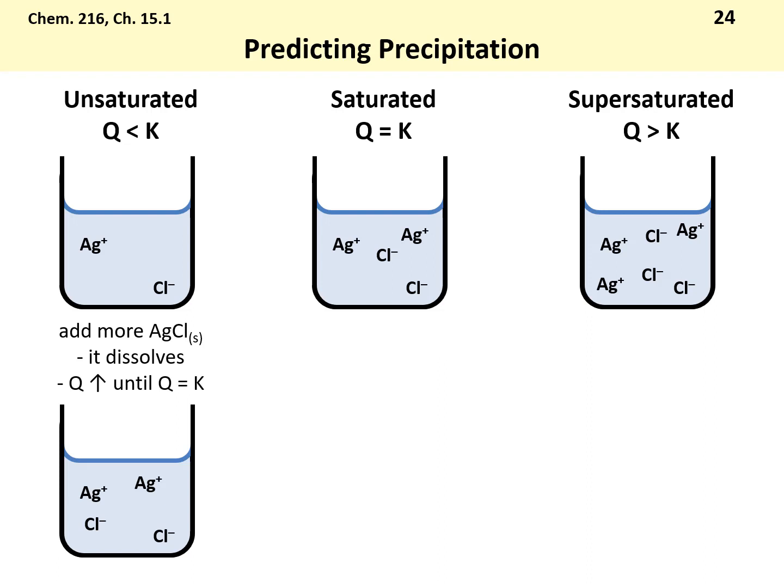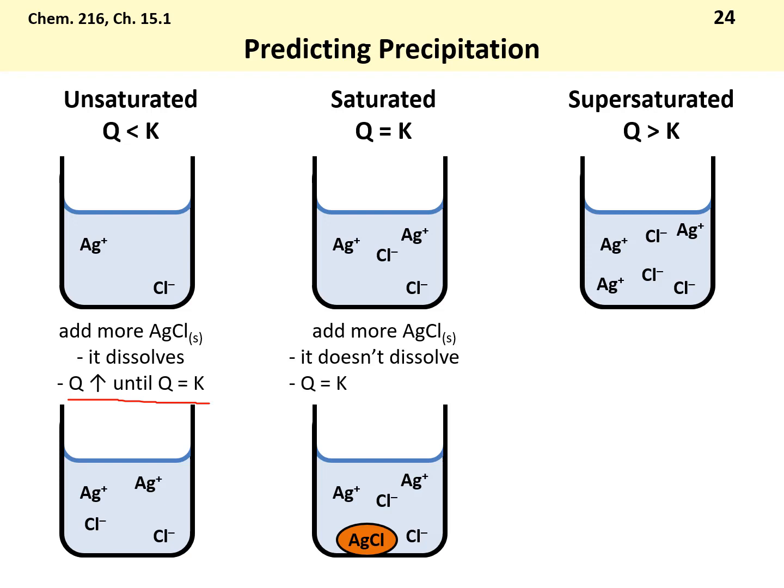In my unsaturated solution, all that AgCl is going to dissolve, until Q equals K. What happens if I have something that's saturated and I add in more AgCl? Well, that AgCl isn't going to dissolve. It's going to go all the way to the bottom and just stay as a solid.